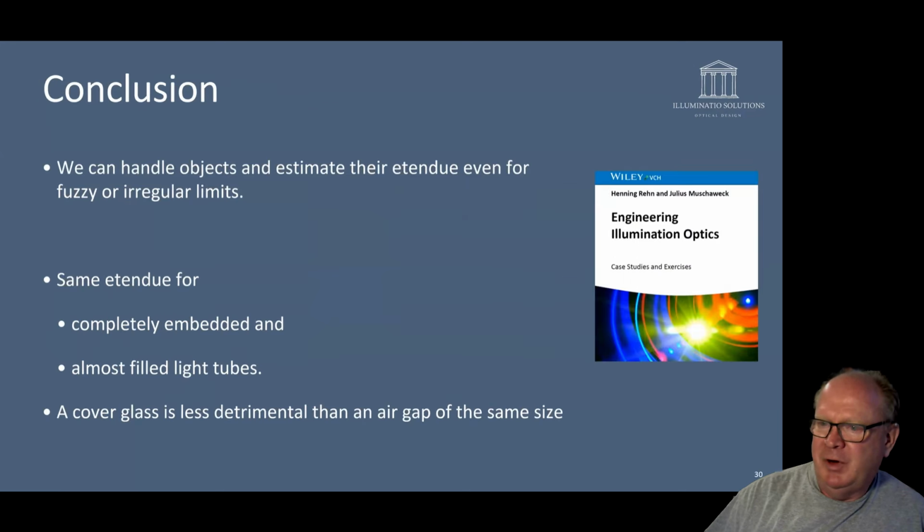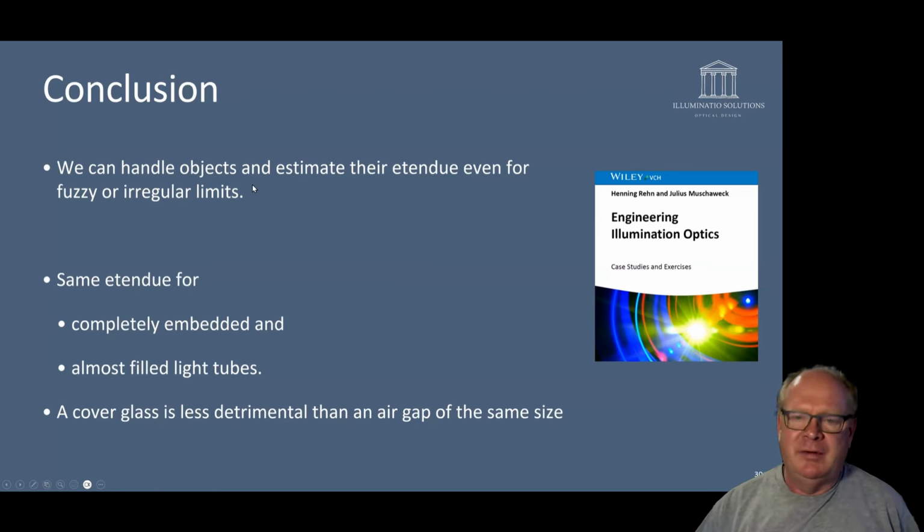Okay, for summary, we can handle objects and systems and estimate their étendue, or we can measure it even for irregular shapes or strange systems.